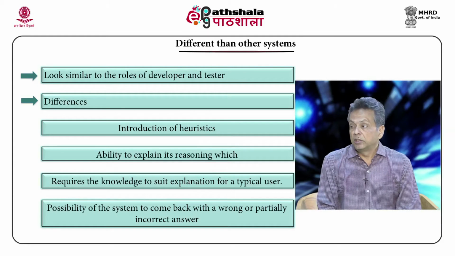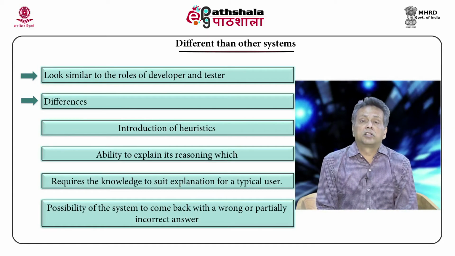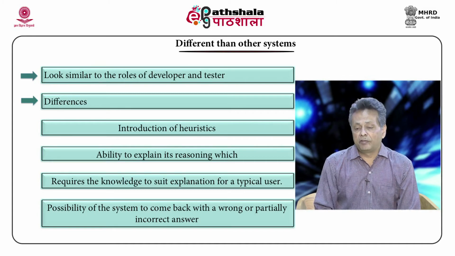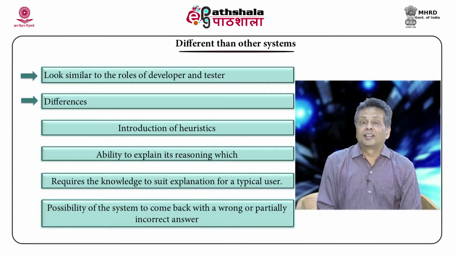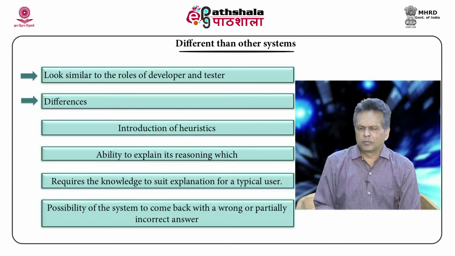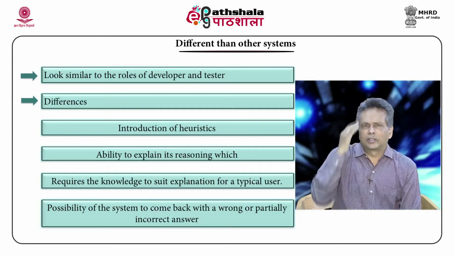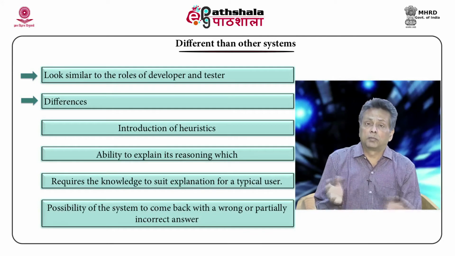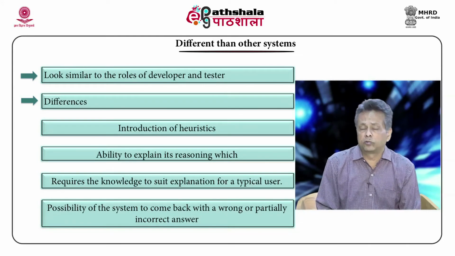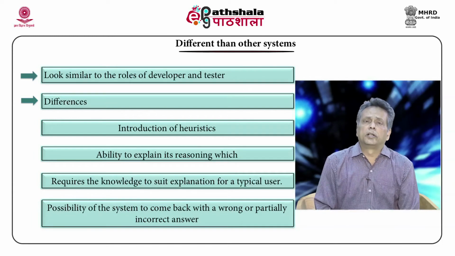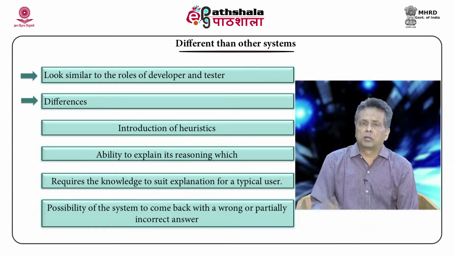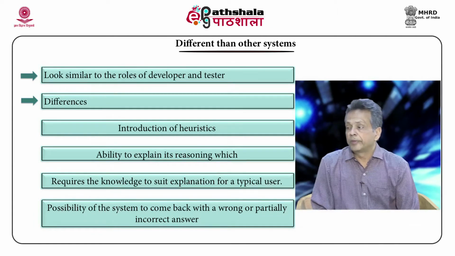The first difference is the introduction of heuristics. It is quite possible that a heuristic is a little wrong, the verifier can find that out, and it will have to be modified. In fact, you might have multiple heuristics and all of them are not completely correct, and so on and so forth. That will not happen in conventional systems, where things are either true or false, with nothing in between, but here there is a possibility.